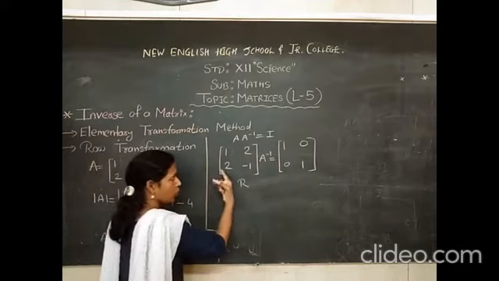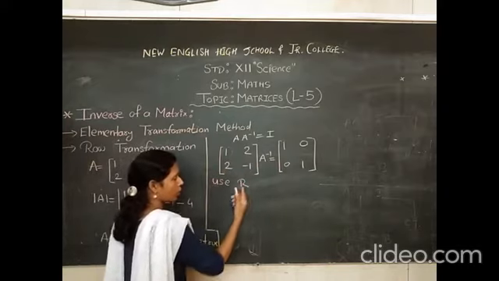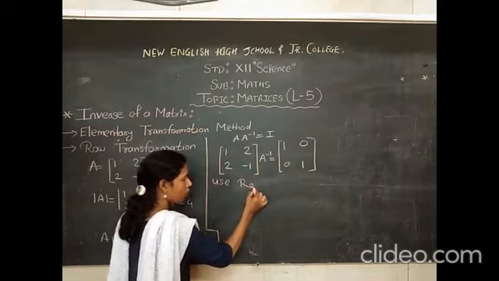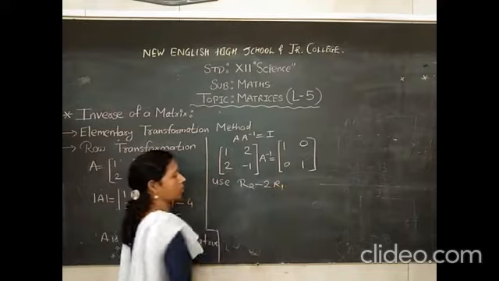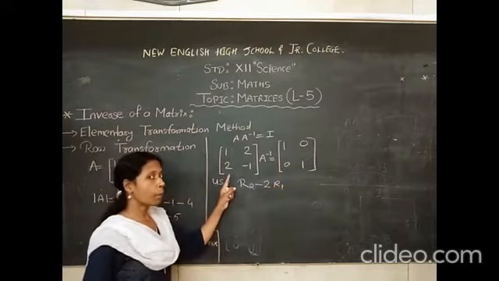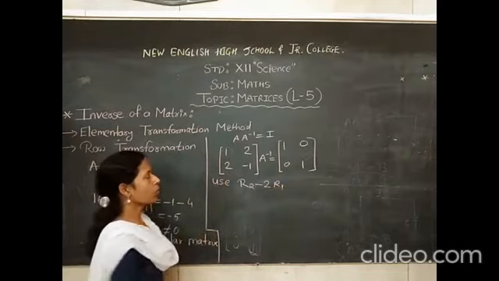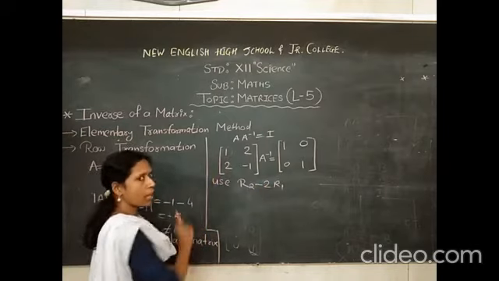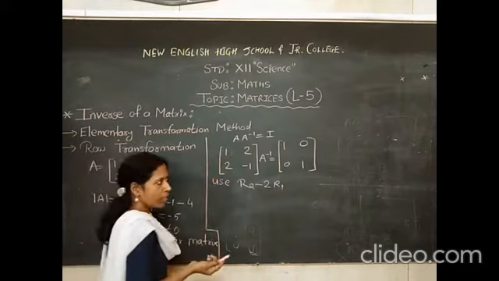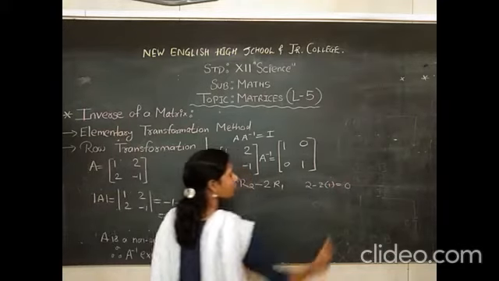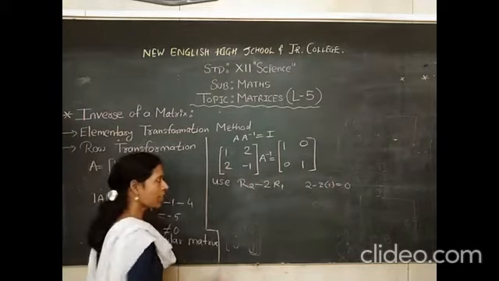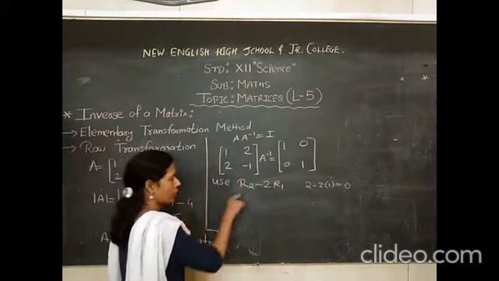This element belongs to R2 because we are applying row transformation. We will use R2 minus 2 times R1, because 2 minus 2 times 1 is nothing but 0. That's why I have applied this transformation.